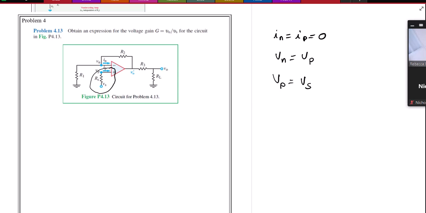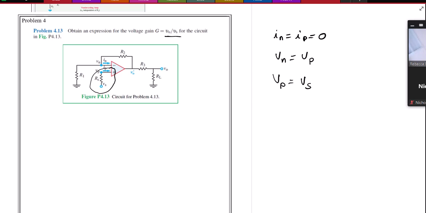The reason I wanted to do that is my goal is to get the gain in terms of V out. I'm trying to get V out over VS because that's the definition of gain. V out over VS is the definition of gain. And so I would like to find some way to relate those two things.